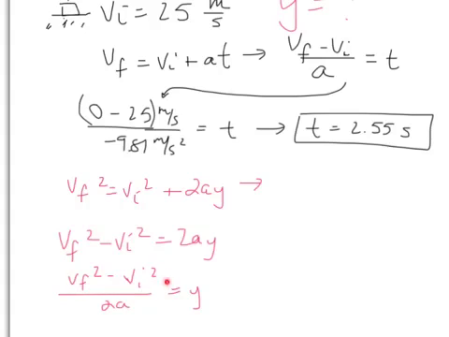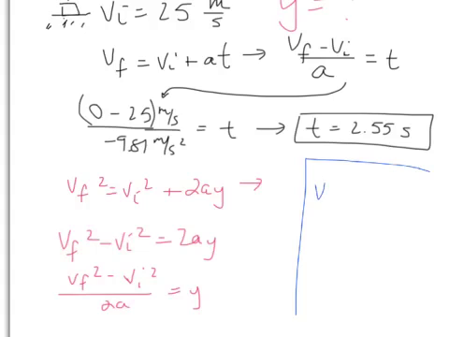Notice that this is an example of difference of two squares. Remember, difference of two squares is something like x squared minus 4. Well, that factors into x plus 2, x minus 2. Or x squared minus, say, 25. That factors into x plus 5, x minus 5. So for these problems, if you have to go ahead and factor the numerator, you could do this. I'll put it on the side as a note.